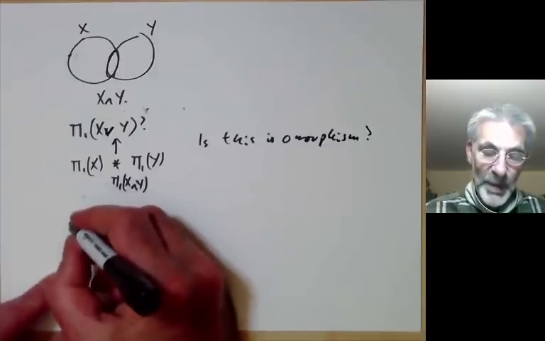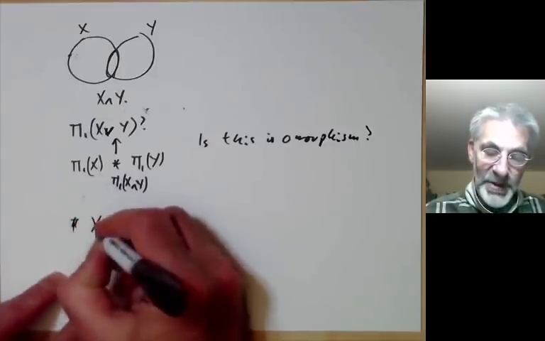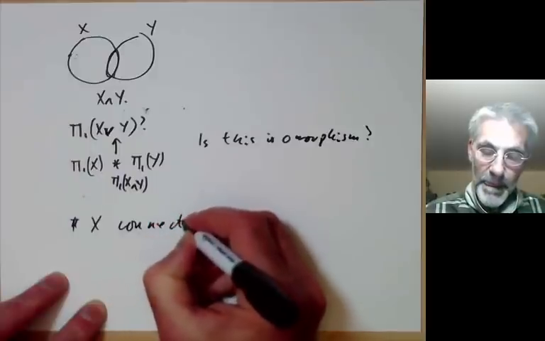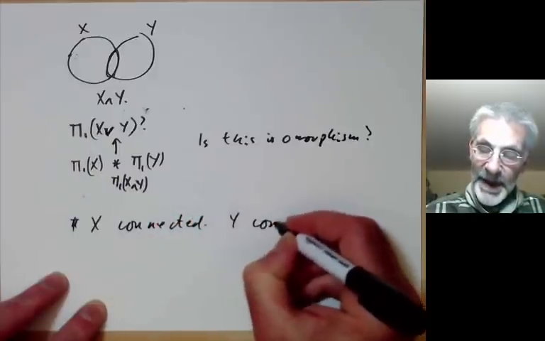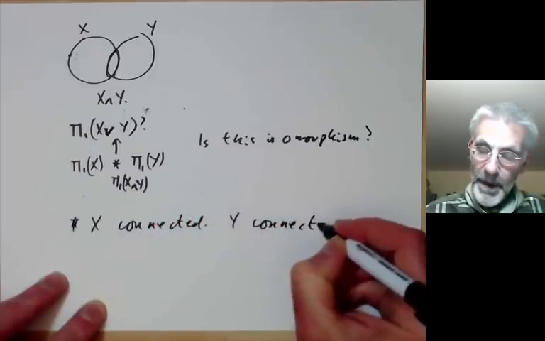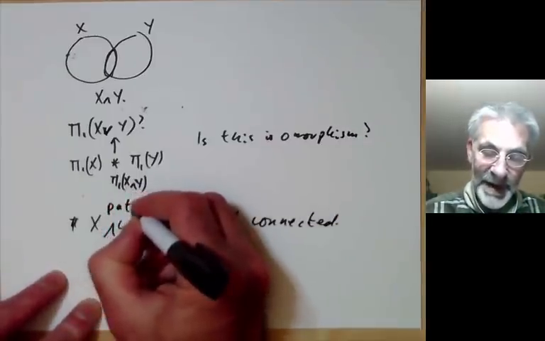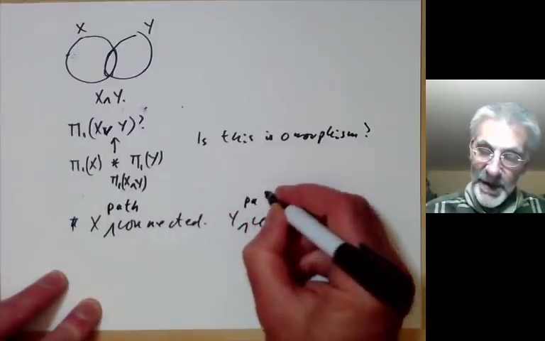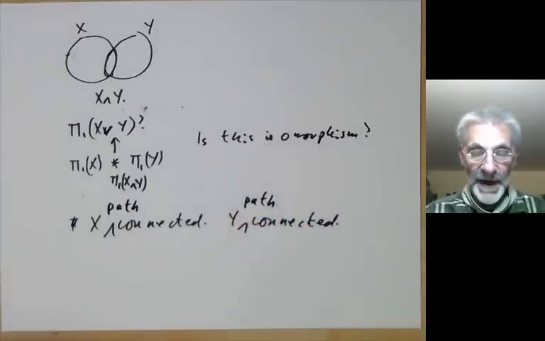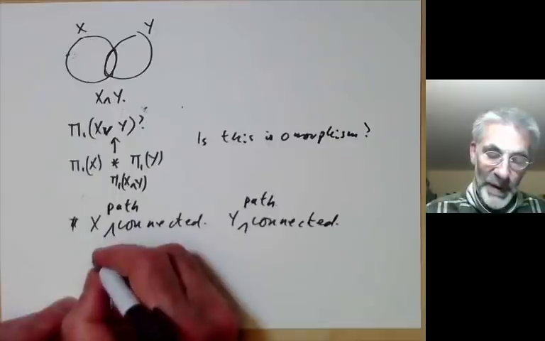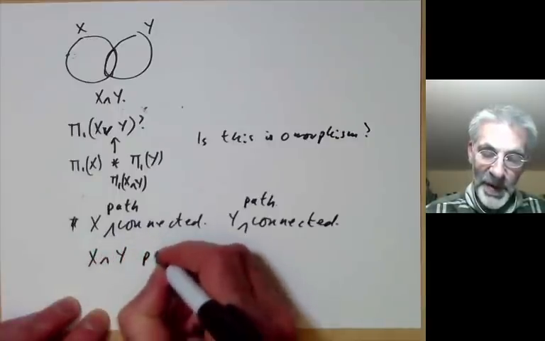First of all, we want X to be connected and Y to be connected. And then you stop and think about this a bit and you remember these should actually be path connected, because we're working with paths rather than ordinary connectedness. And you also want the intersection of X and Y to be path connected.